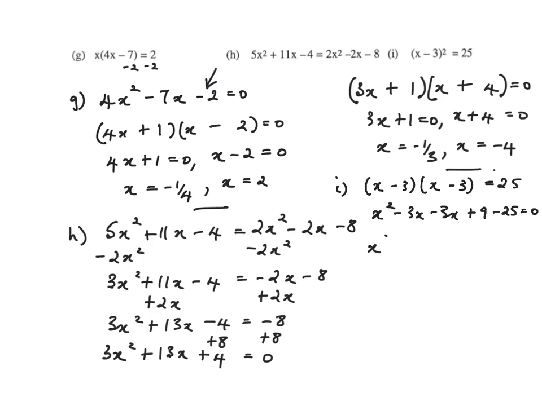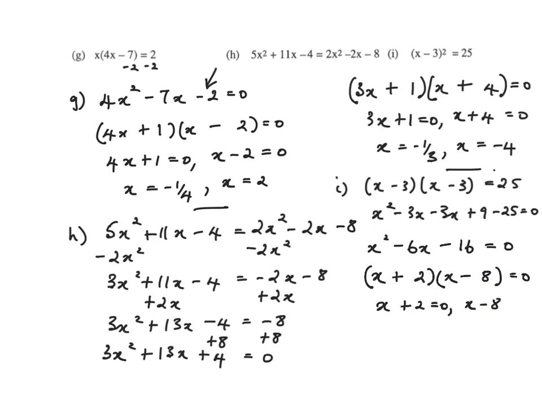So that's x squared minus 6x minus 16 equals 0. x and x, 8 and 2, minus and plus. So x plus 2 equals 0, x minus 8 equals 0, x equals minus 2 and 8.